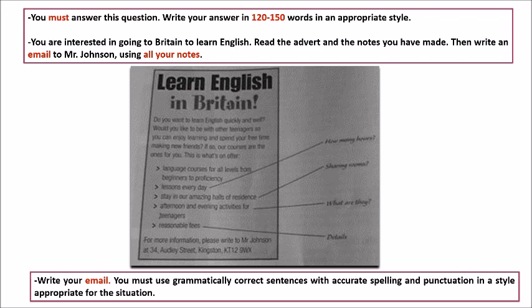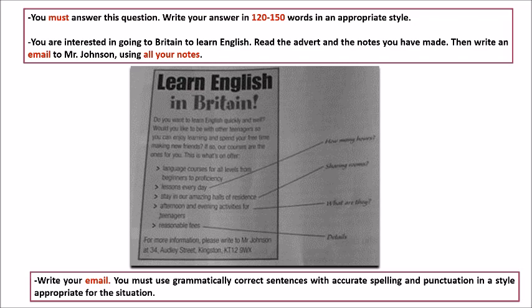Okay, so the advert says, learn English in Britain. Do you want to learn English quickly and well? Would you like to be with other teenagers so you can enjoy learning and spend your free time making new friends? If so, our courses are the ones for you. This is what's on offer. Language courses for all levels from beginners to proficiency.